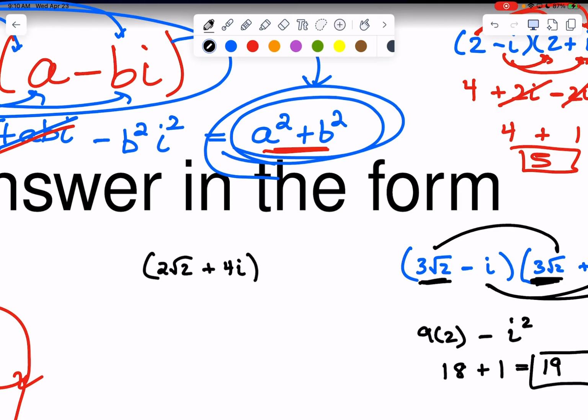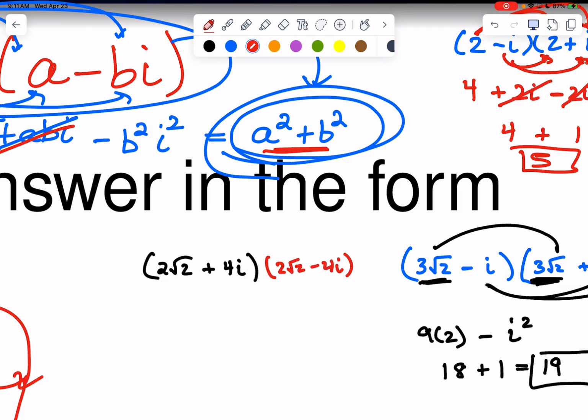Fast as you can. All right, the conjugate would be 2 root 2 minus 4i.